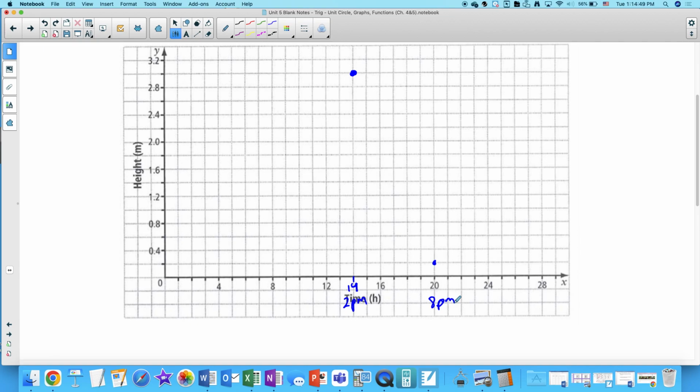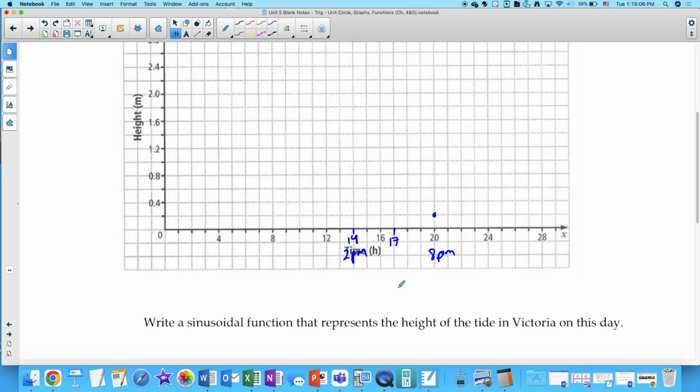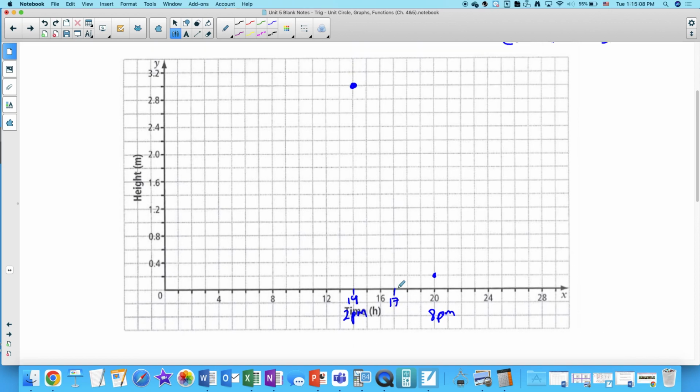So that's at 17. Now what is right in the middle of the max and the min? The midline, yes. So I've got my max. This is where I might start adding some more stuff in here. There's my max, there's my min. My midline is an average, so it's 3.0 plus 0.2 over 2, which is 1.6.